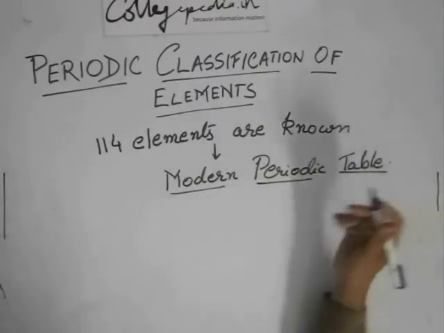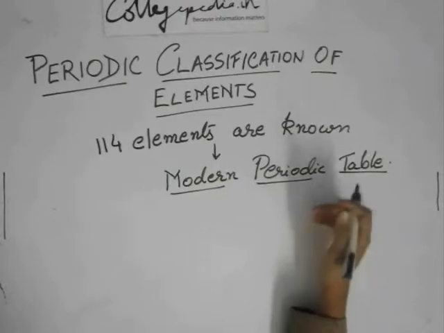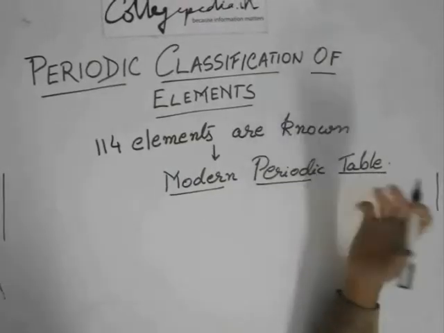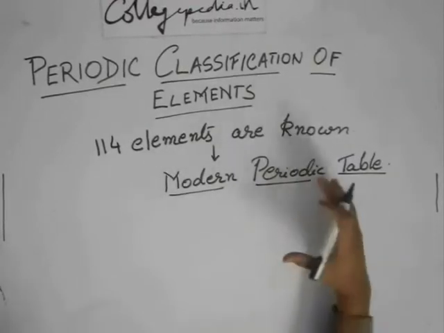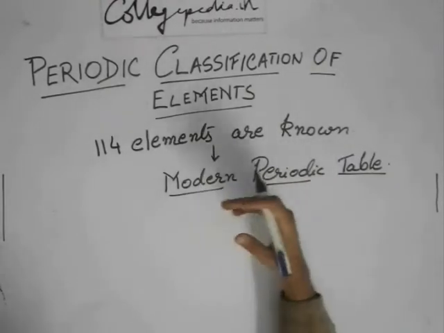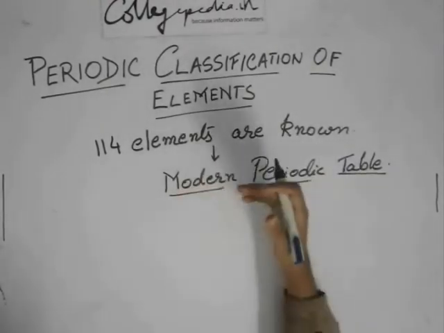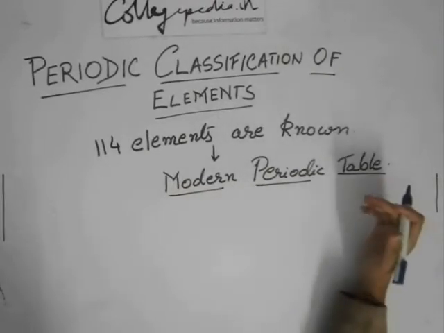You might have seen a picture of this modern periodic table in your textbook or somewhere else in your laboratory. So this periodic table is nothing but an organized classification of the elements that are known up till now.